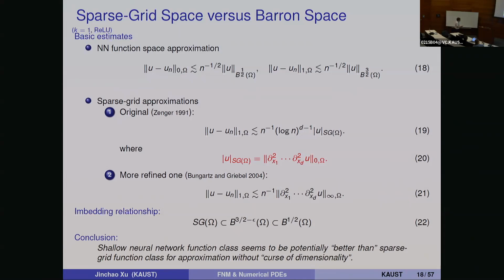The shallow neural network, theoretically speaking, seems to be potentially better than the sparse grid function class without the curse of dimensionality. Sparse grid usually has a logarithm, but you can also get rid of the logarithm. But anyway, I think the neural network is a much richer class in some sense, but it's much more nonlinear.